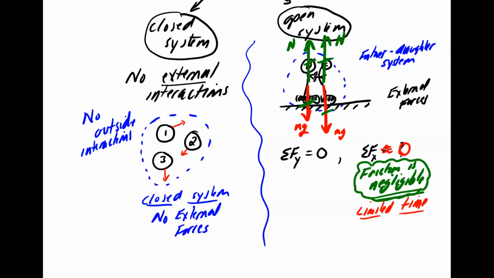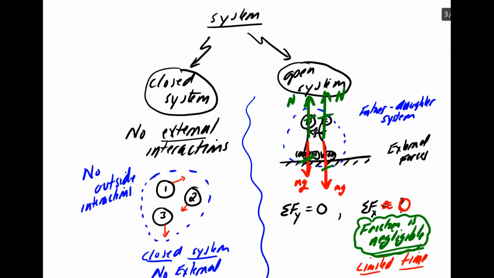And that's particularly true if we only look at our father and daughter scenario for a limited amount of time. So if we were to go back and say, okay, let's have our daughter roll 100 meters all the way across this enormous roller rink, then maybe friction acting over a long period of time might not be negligible. So typically in these conservation of momentum problems, we look at what's going on just before the push-off, and then correspondingly what's happening just after.